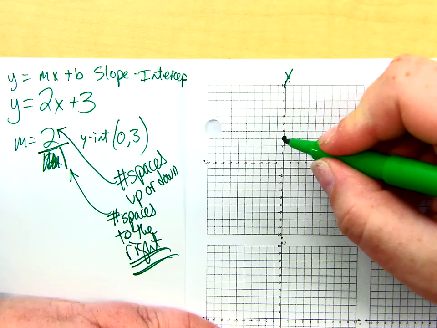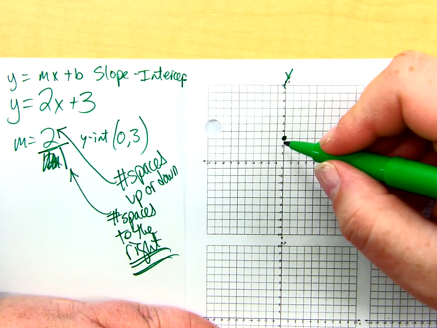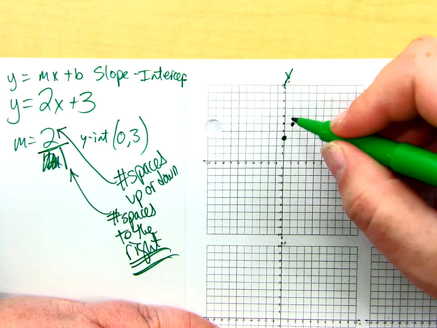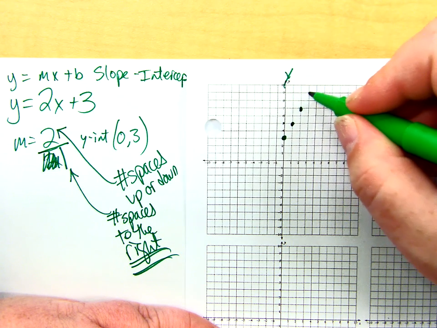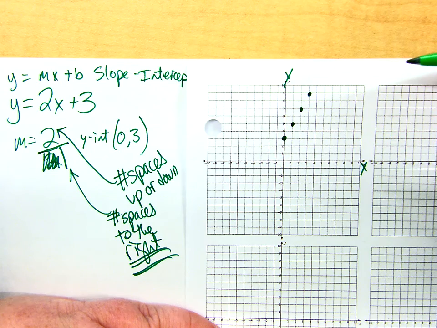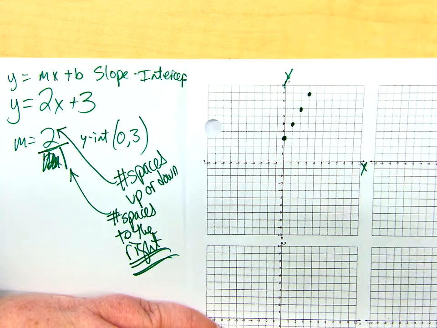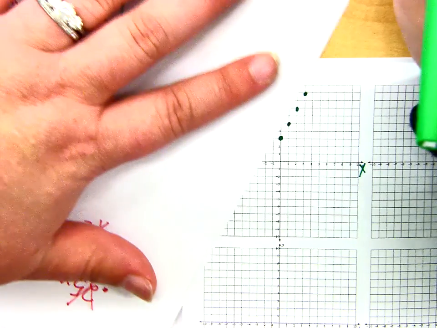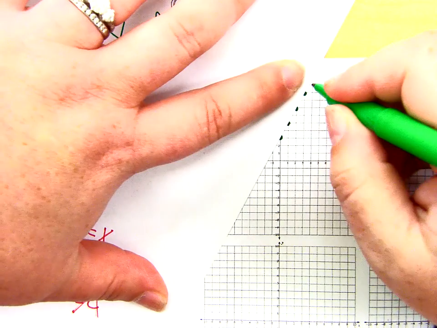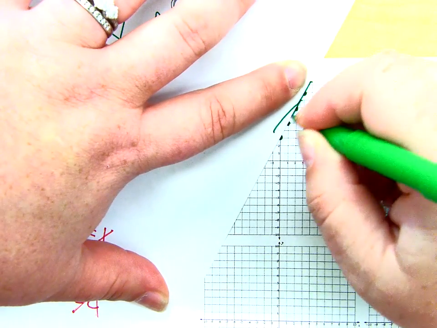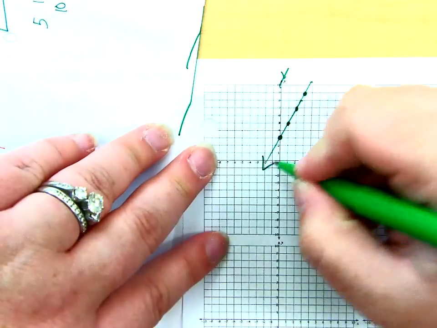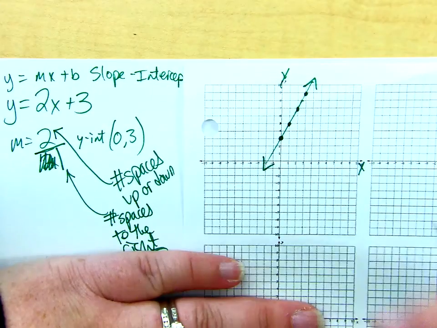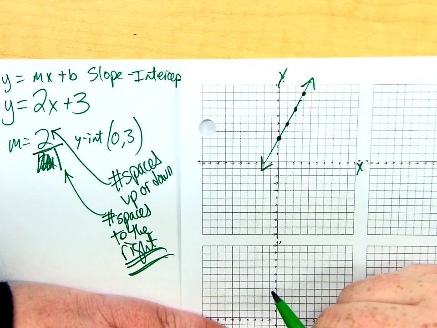So from the dot I just made, if I follow these directions, I should go up 2 boxes, to the right 1 box. And then you can just do it a couple of times. And there you have it. There's my line. It's just that easy. Connect the dots. There's my graph.